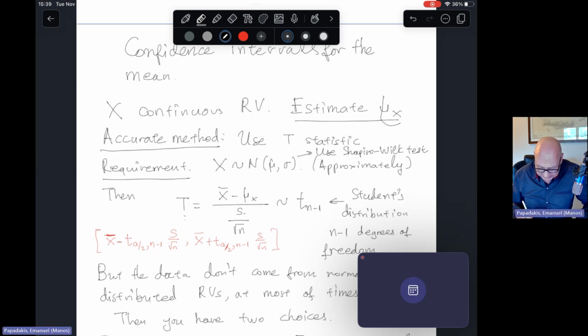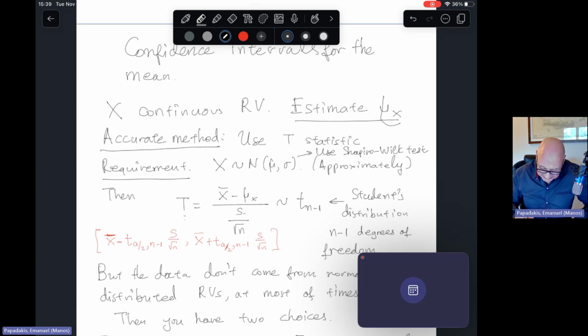Without knowing the sampling distribution, you cannot guarantee any type of confidence for your confidence interval. So your work will have no validity at all.